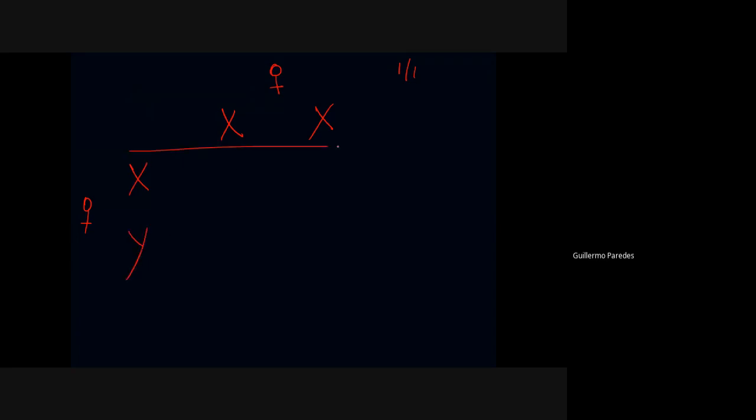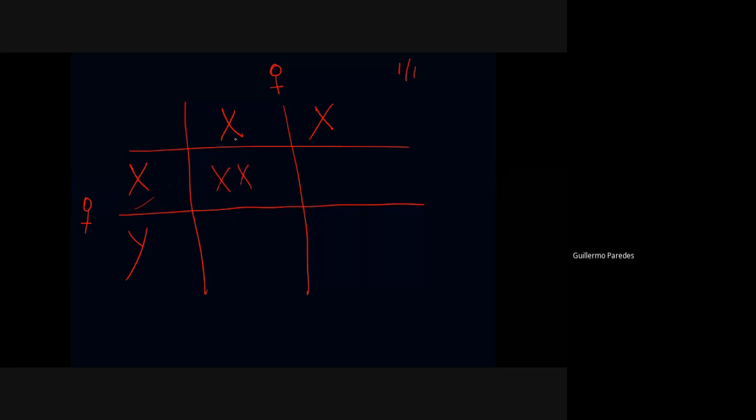So here is a combination. We are going to combine X and X, XX. That is the first baby. Then combine X with this X, XX.